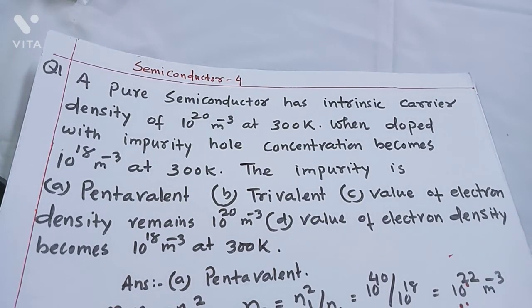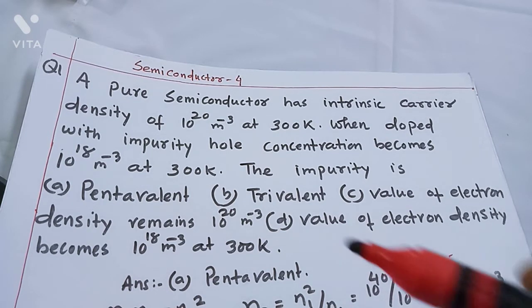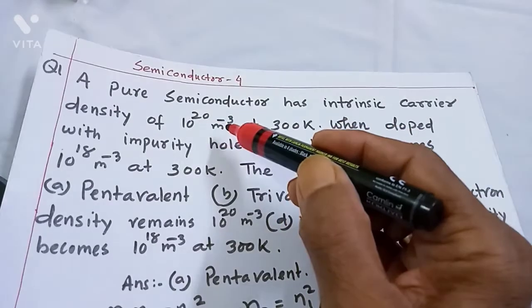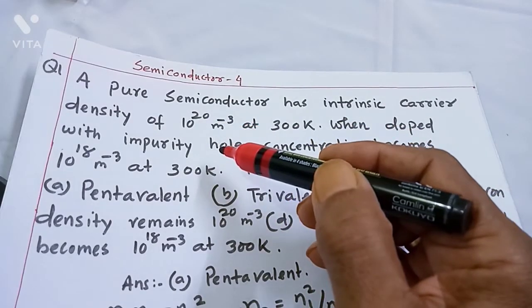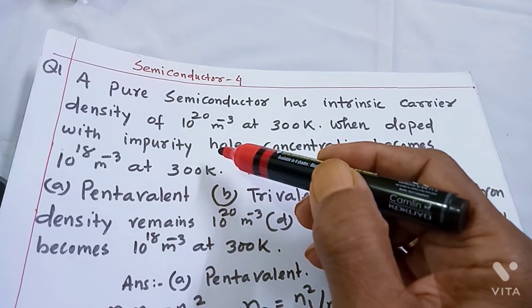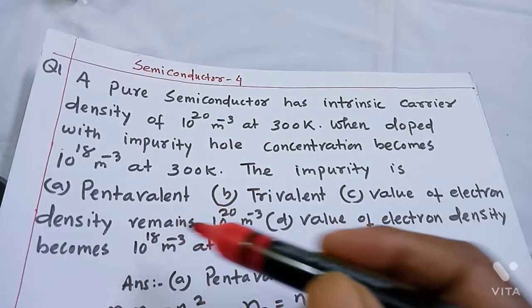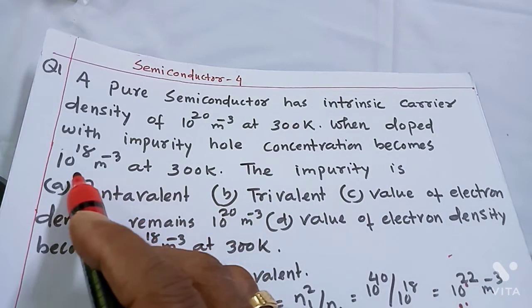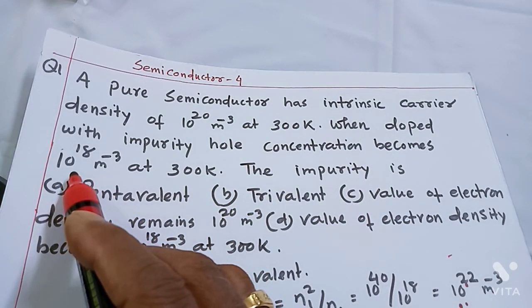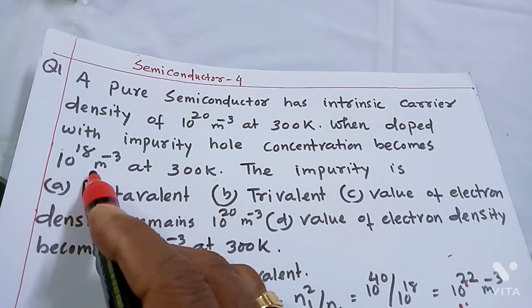Now, when we say the intrinsic carrier density is 10 to the power 20 per cubic meter, that means the number of carriers, that is holes, as well as the carrier density of electrons, are the same for an intrinsic semiconductor. When we dope an impurity, the hole concentration falls to 10 to the power 18 per cubic meter.